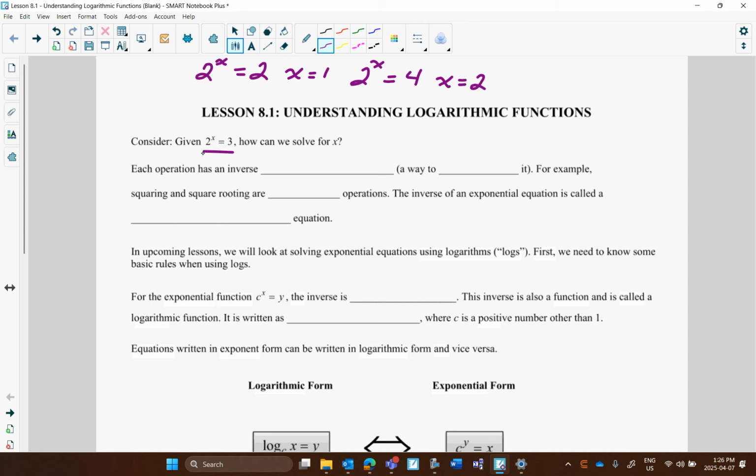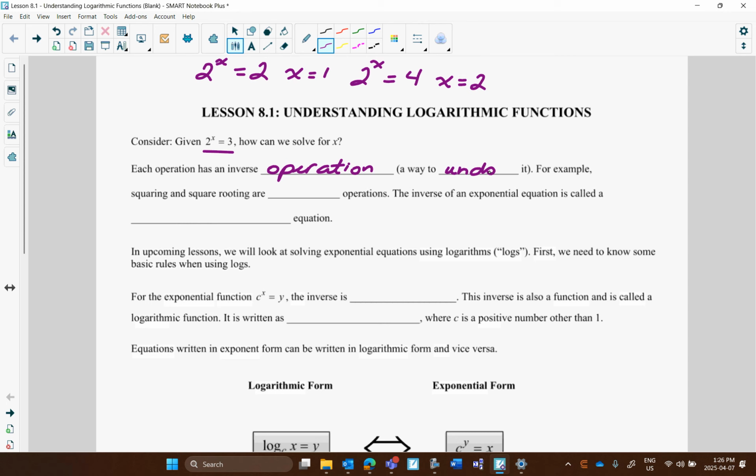So, how do we get to logs? Well, first of all, every operation has an inverse operation. In other words, a way to undo it. So how do you undo addition? Subtraction. How do you undo multiplication?